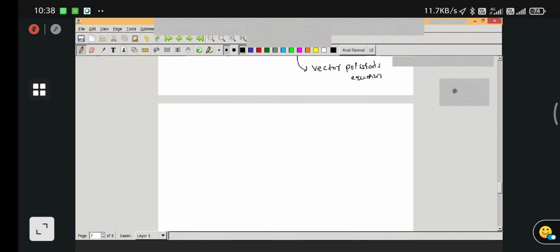Simple. Writing del square A vector equals minus mu naught J vector.